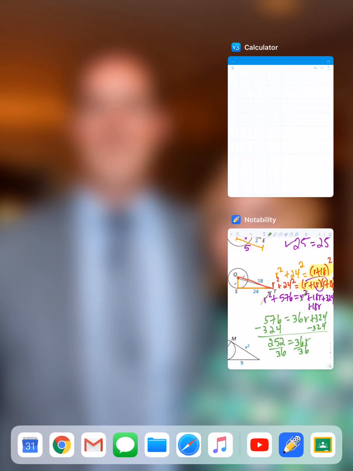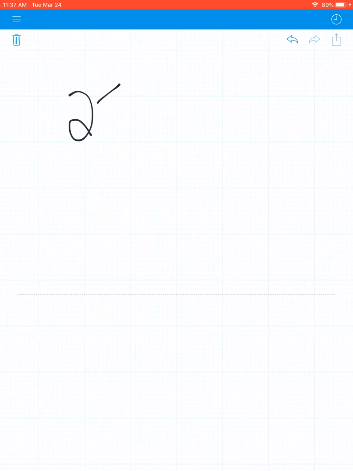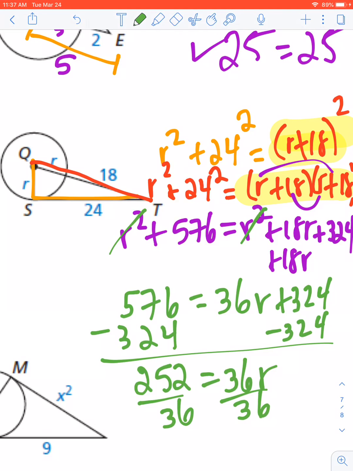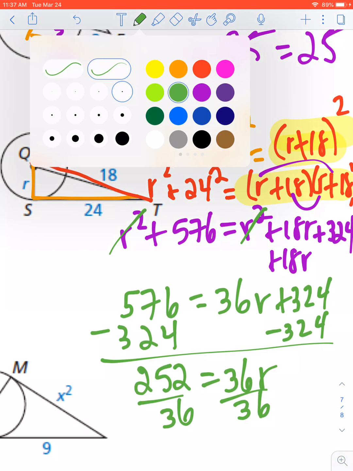Oh, nope, that didn't work. I thought it would work, and it didn't. 252 divided by 36. And that gives me a final result of 7. And let's box that up.